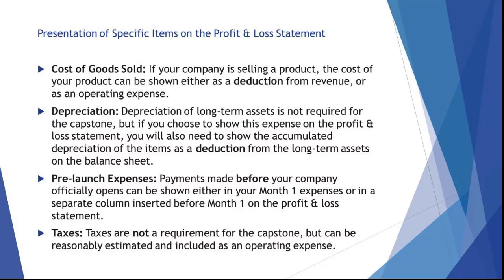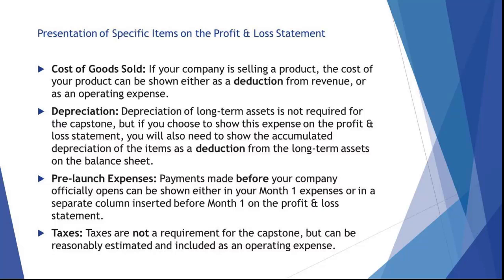Now, a couple of things to note on the profit and loss statement. Cost of goods sold. If your company is selling a product, you will need to show the cost of your product, and this will be either as a deduction from revenue, which is the general presentation, or for the capstone, they do allow you to show it as an operating expense, as long as you have that cost of goods sold somewhere within the statement.